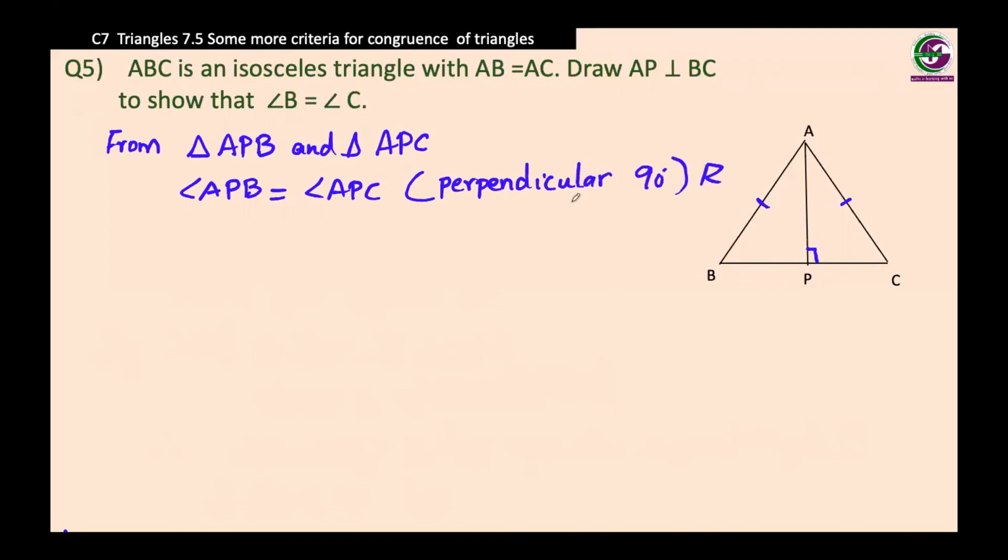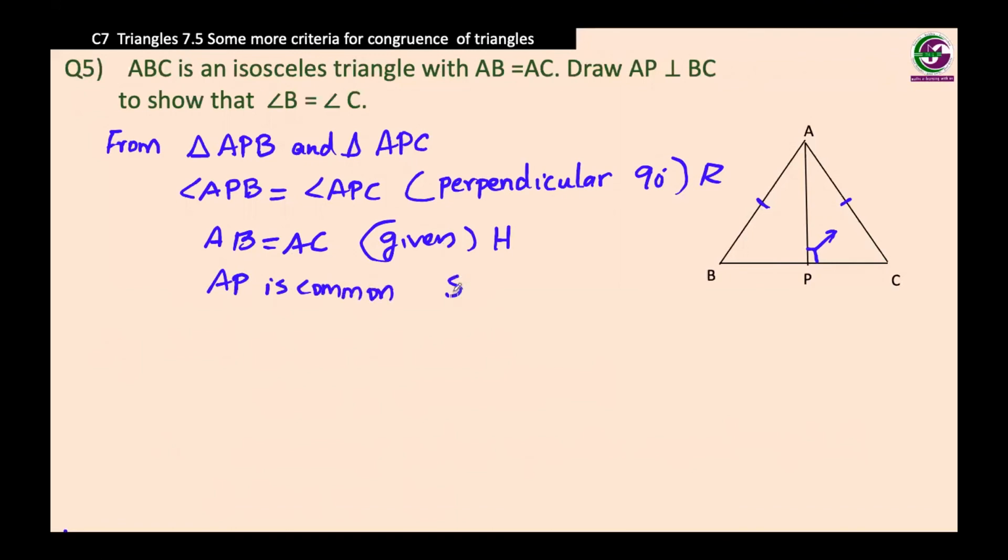So we have the letter R. The side opposite to the right angle, hypotenuse, AB is equal to AC. It's given. So we get the hypotenuse now. And we have AP is common. Great. So we have the third side.